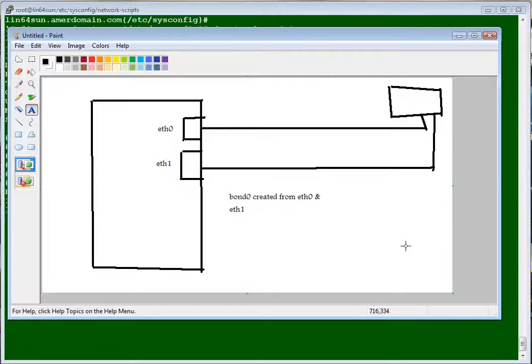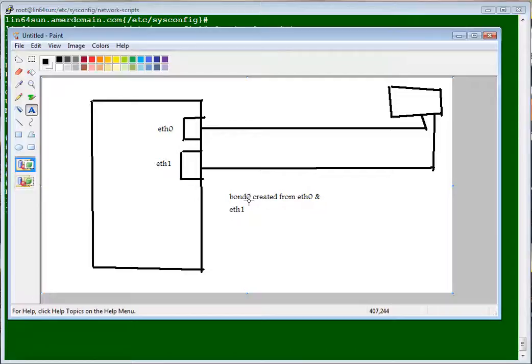So instead of assigning the IP address to Ethernet 0 or Ethernet 1 on these physical cards, we are going to assign the IP to bond 0.